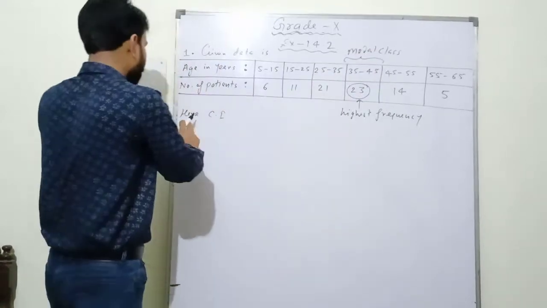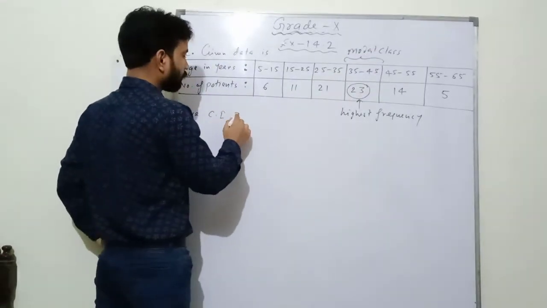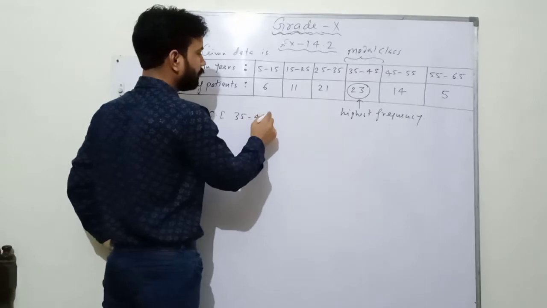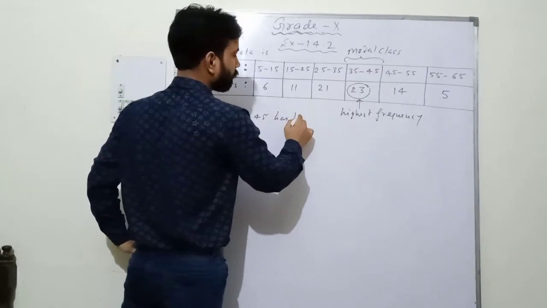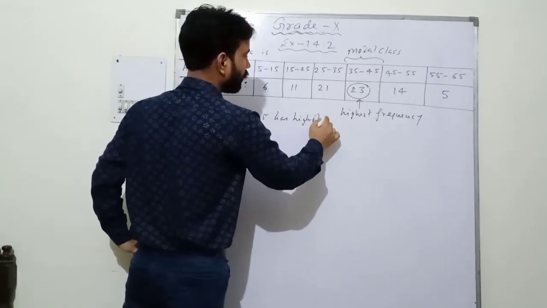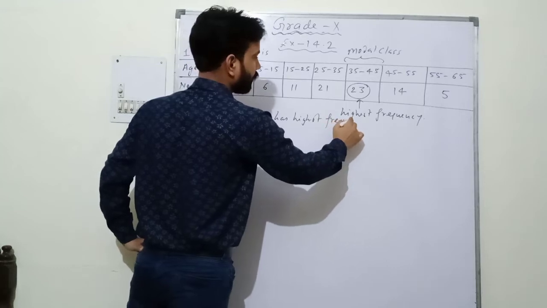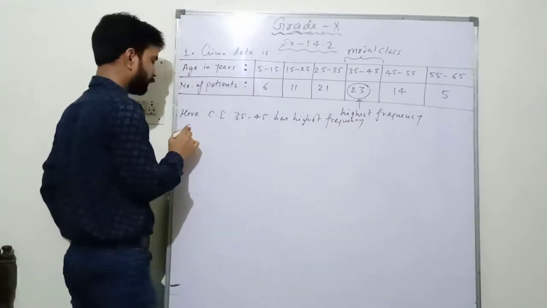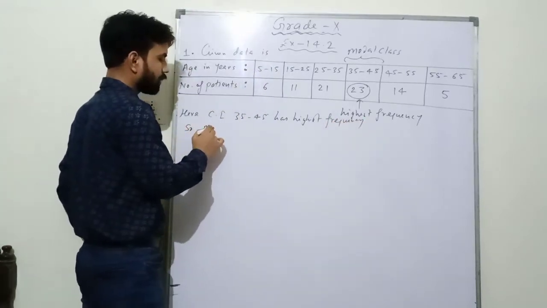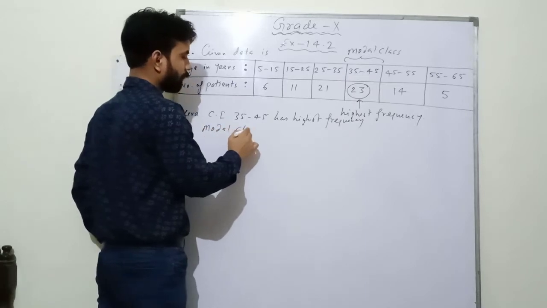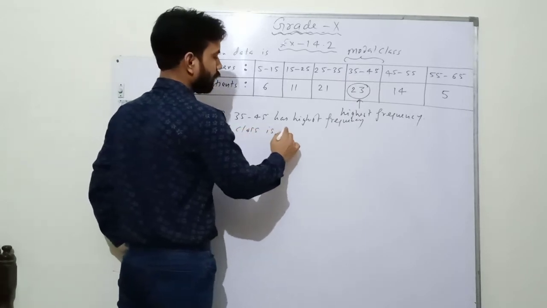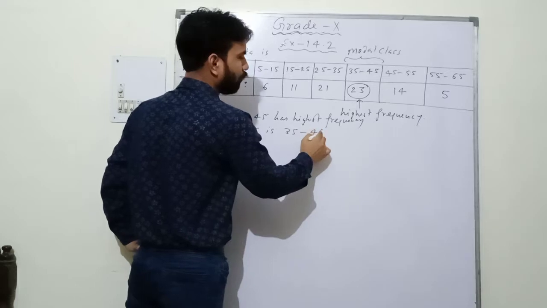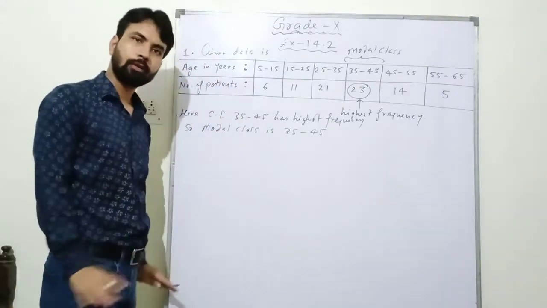So you have to write here class interval 35 to 45 has the highest frequency. So the modal class is 35 to 45. Got it?